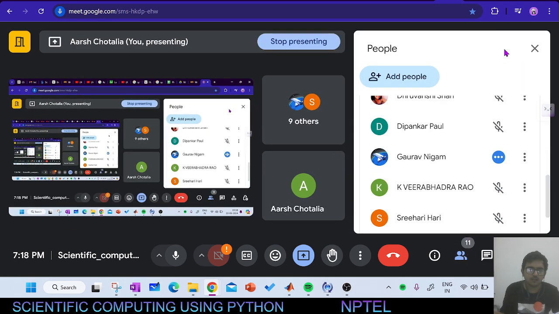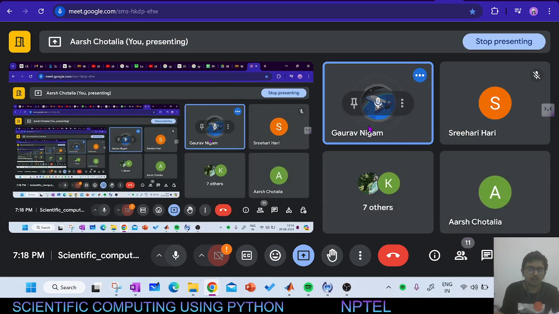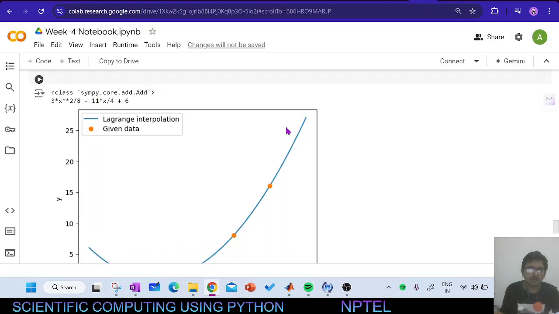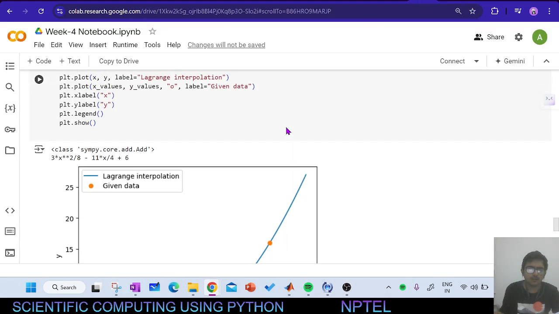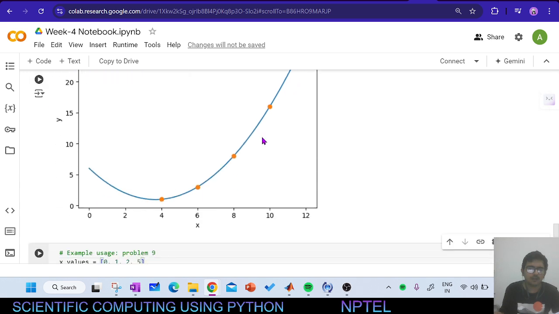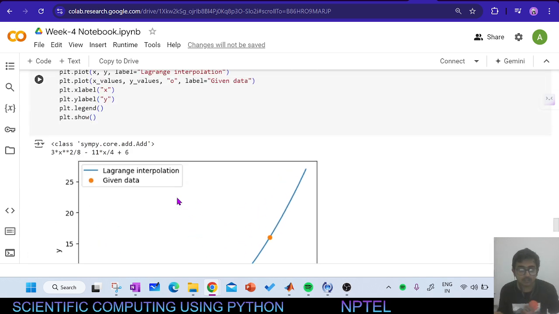In that simple algorithm, the code that you have shown, whether it also gives the error in using that particular polynomial. Does it also give the uncertainty or the error in the solution?